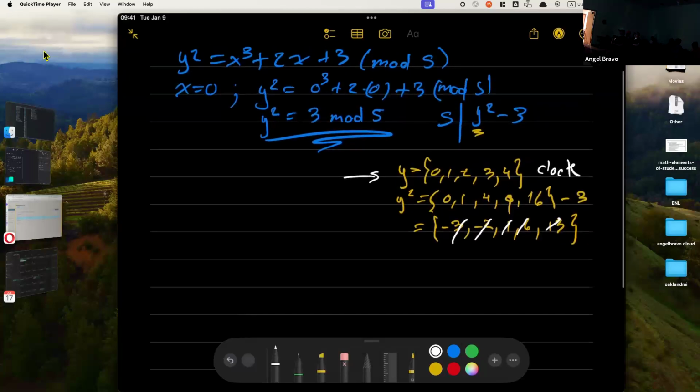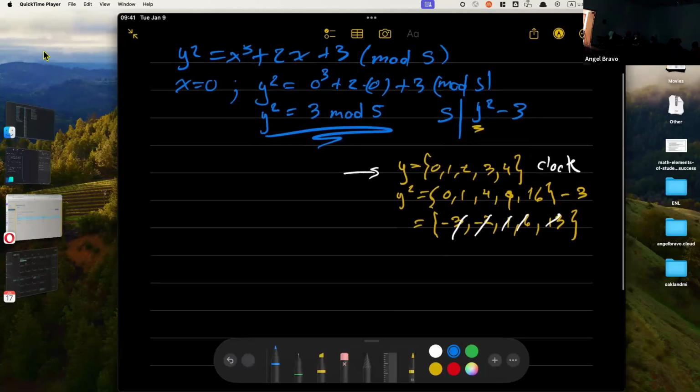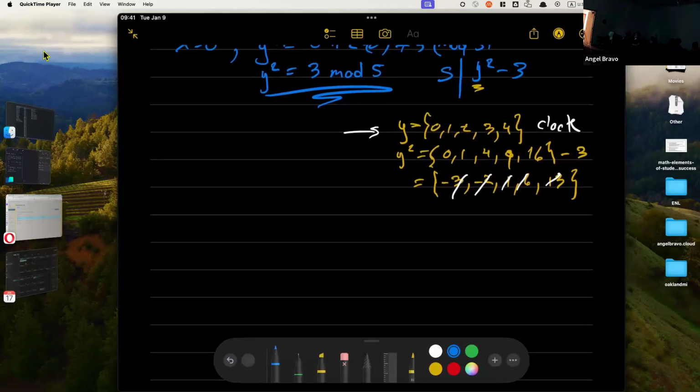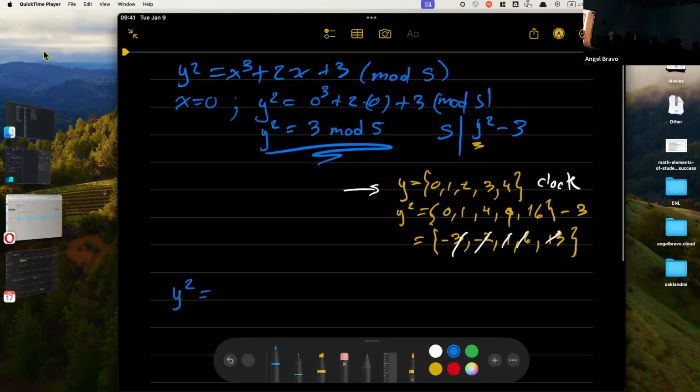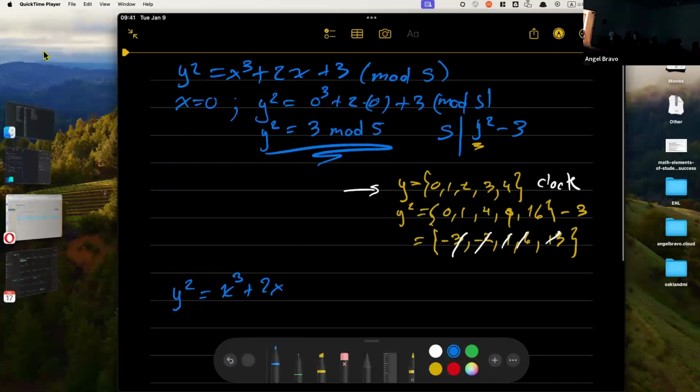So let's work this example a little bit further here. So let's go for y squared, and we agree that that is x cubed plus 2x plus 3 mod 5.